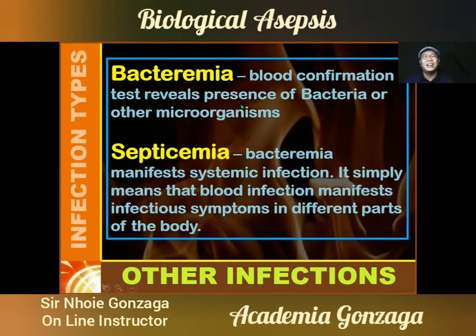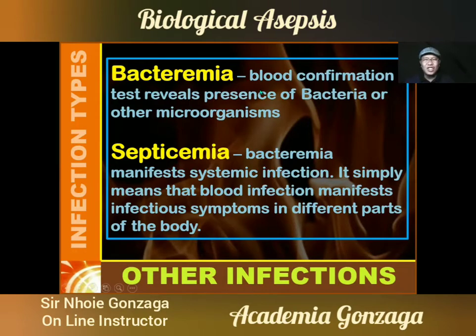Okay. How about septicemia? Bacteremia manifests systemic infection. It simply means that blood infection manifests infectious symptoms in different parts of the body. So septicemia is already what? A confirmation that there is already the spreading of bacteria throughout the whole body.